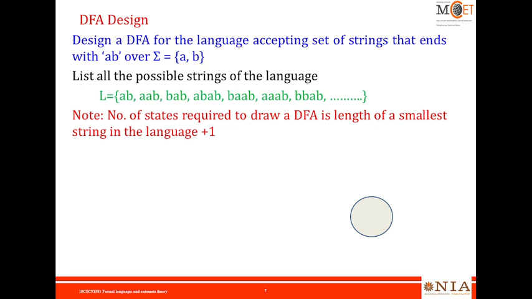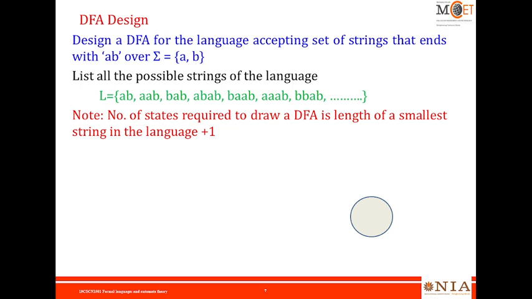Here we have to remember one important thing. The number of states required to draw the DFA diagram is the length of the smallest string in the language plus 1. In this example, the smallest string in the language is AB.